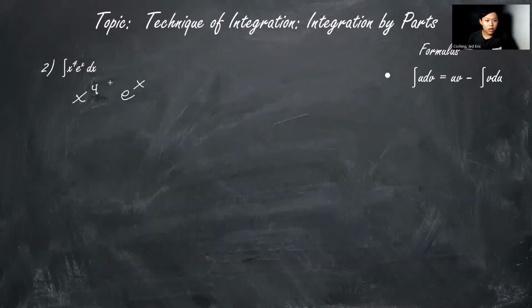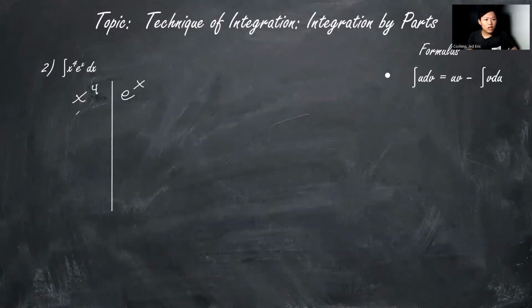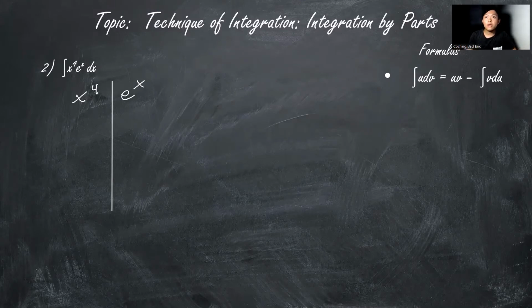Now let's draw a line, and in this row we need to find the differentiation of this.